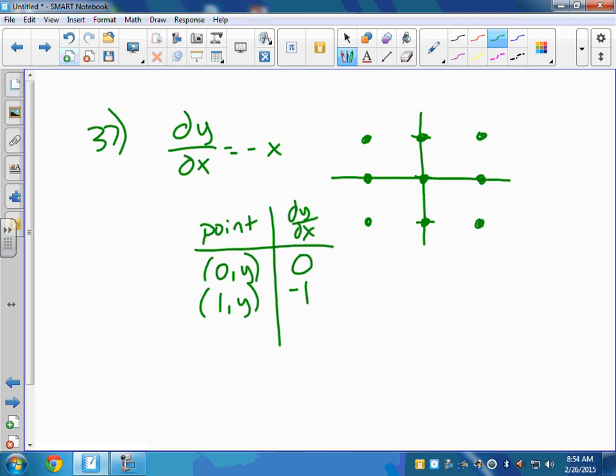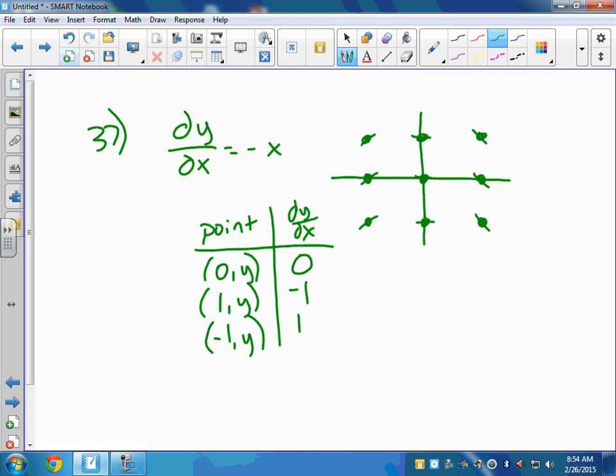I always think about if I connected from this point to this point, that would give me a slope of negative 1. That's how I try to look at it. And then this one would be positive 1, which would be like this.